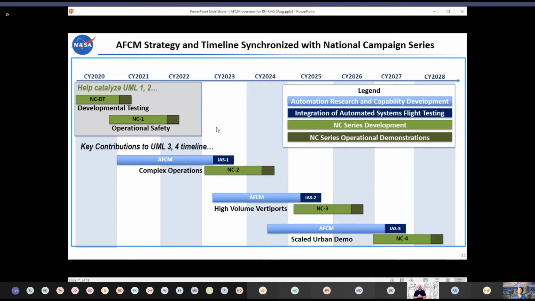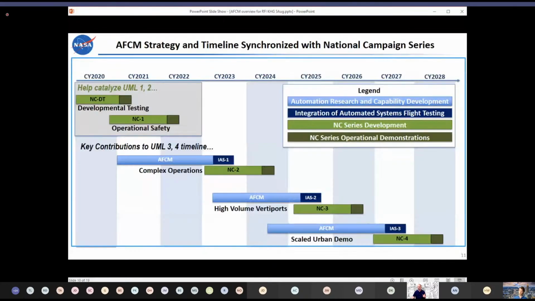And the IASs provide the opportunity to do structured flight evaluations of the system elements as they're being developed. So from an AFCM perspective, the first major flight opportunity coming up is in the 2023 timeframe. Then in 2025, looking at extending that capability to demonstrate high volume vertiport operations. And then 2027, getting into the system-wide demonstration.